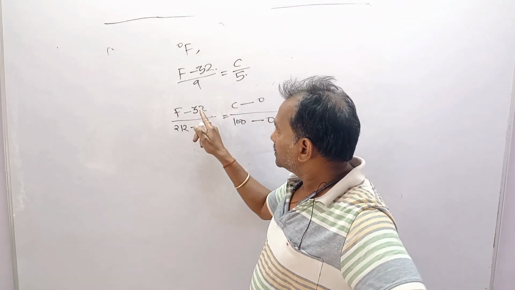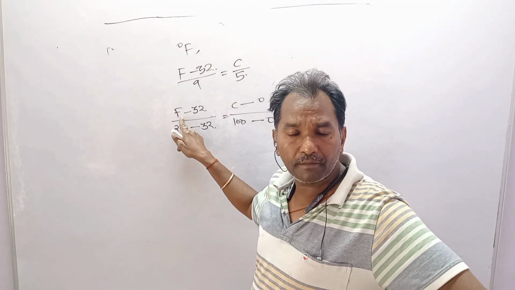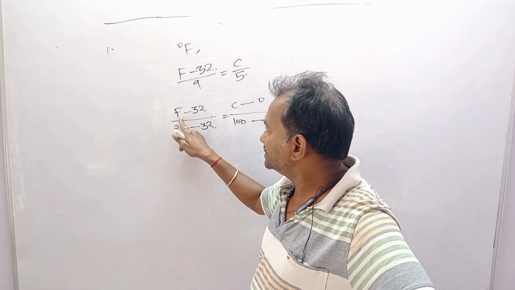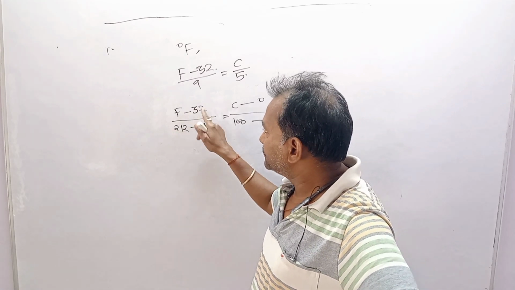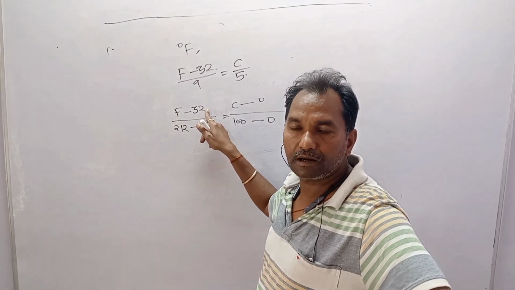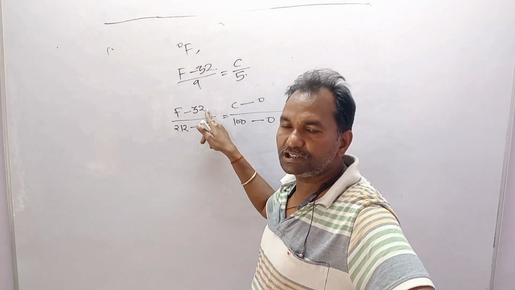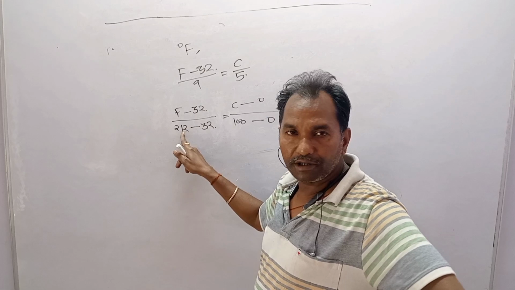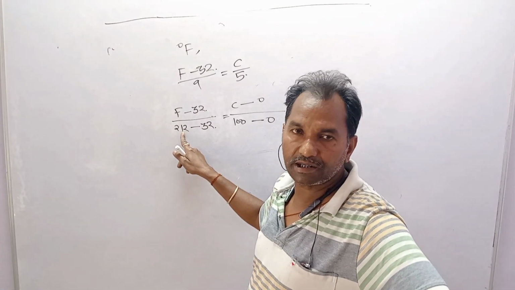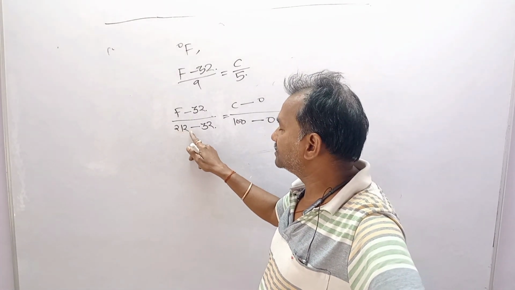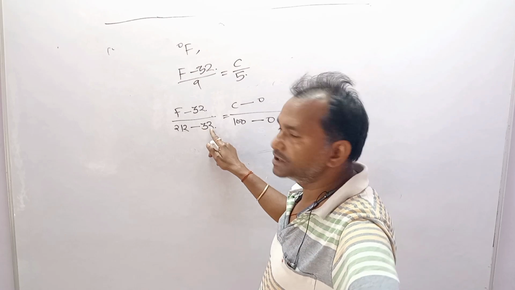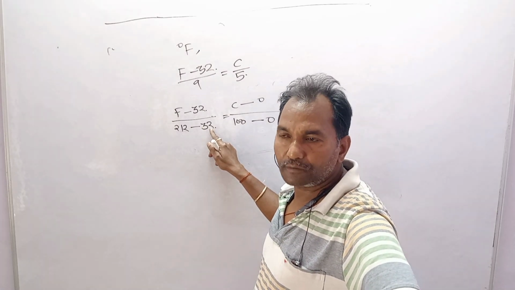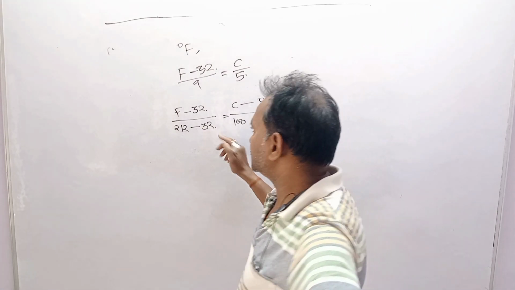Now here, let the unknown temperature at Fahrenheit scale be F, minus freezing point on Fahrenheit scale, the freezing point of water is 32, upon boiling point of water on Fahrenheit scale, that is 212 degree Fahrenheit, minus freezing point of water on Fahrenheit scale, that is 32.